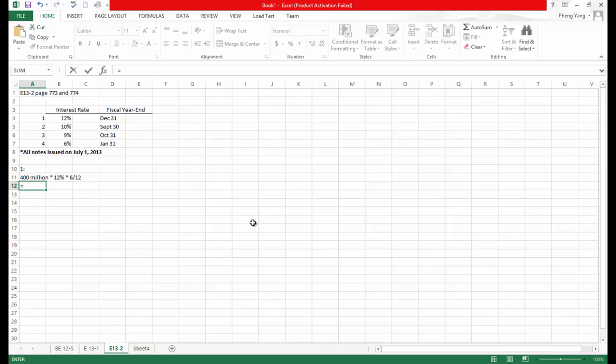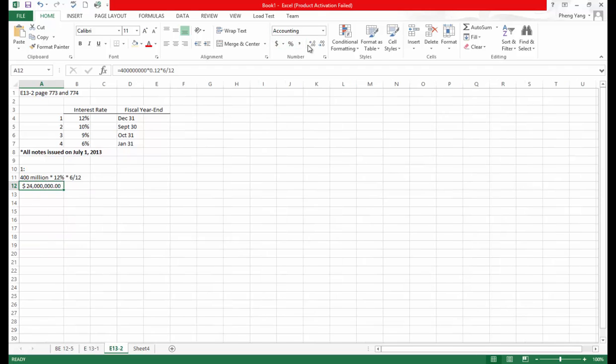So my formula is 400 million times 12% times 6 over 12, and that's the interest amount that the company must record for scenario 1.